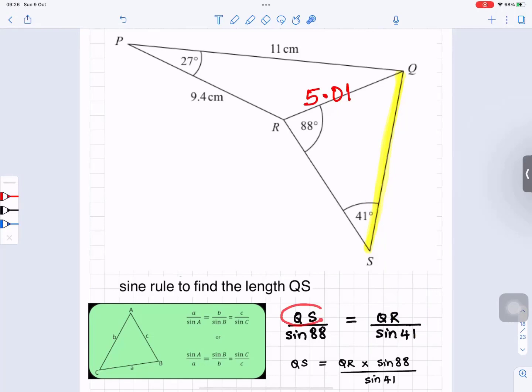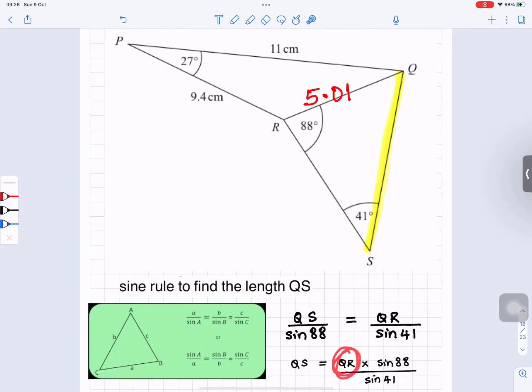Since you want to make QS the subject, it's divided by sine 88. If you take it to the right-hand side, the inverse of divide by sine 88 is times sine 88. So QS is QR times sine 88.